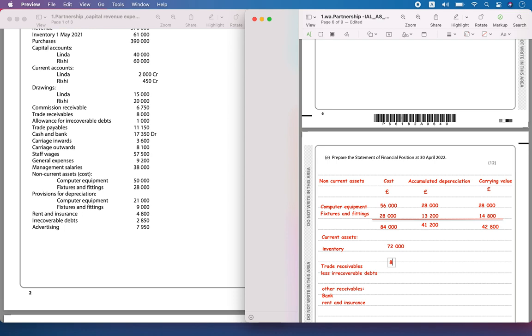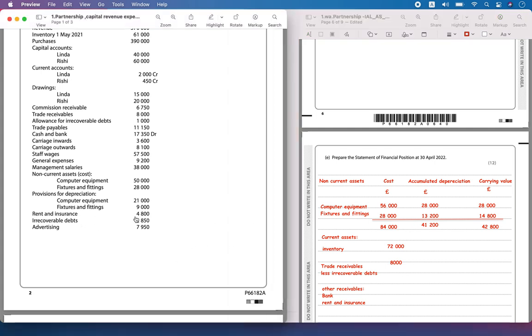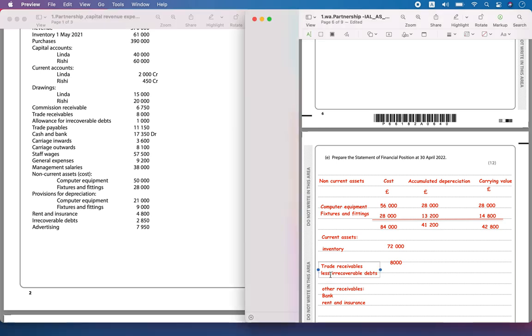Trade receivables were around 8,000, and any irrecoverable debt would have been accounted in the trade receivables account. We have to deduct the allowance for irrecoverable debt, which is equal to 400.